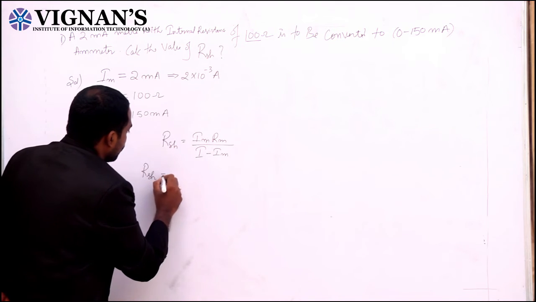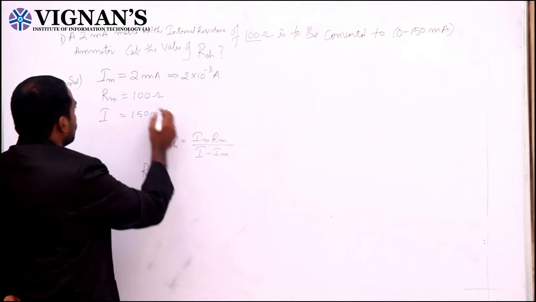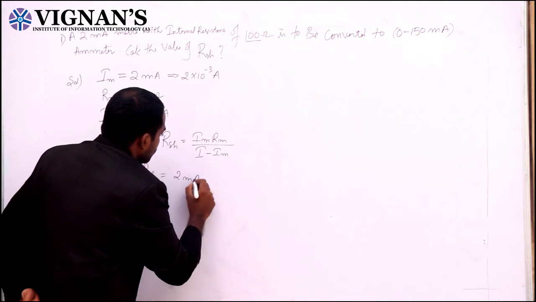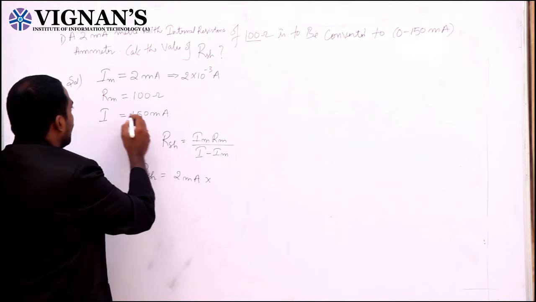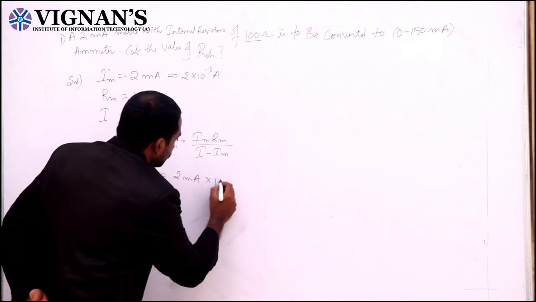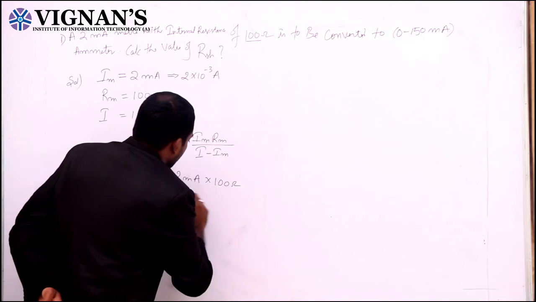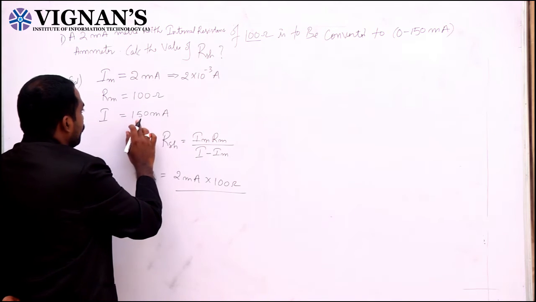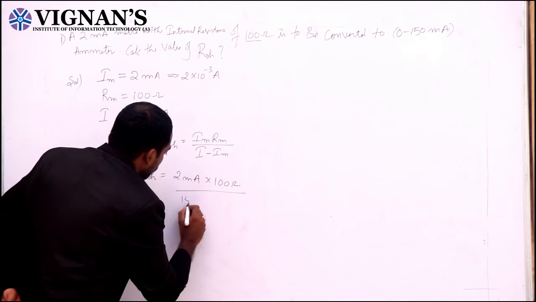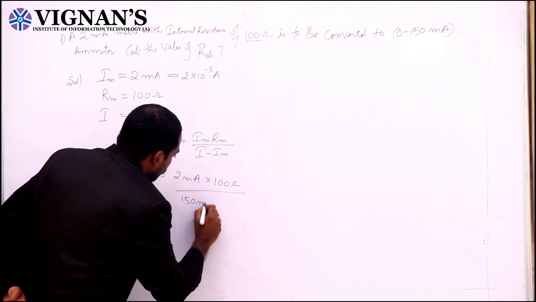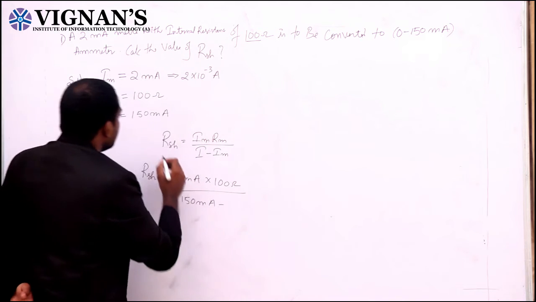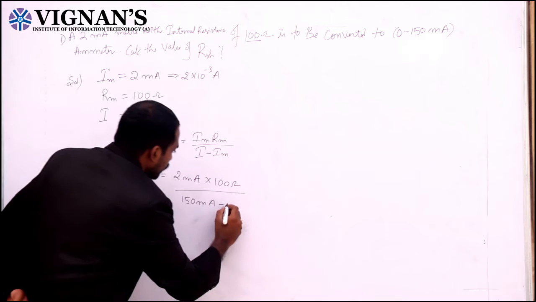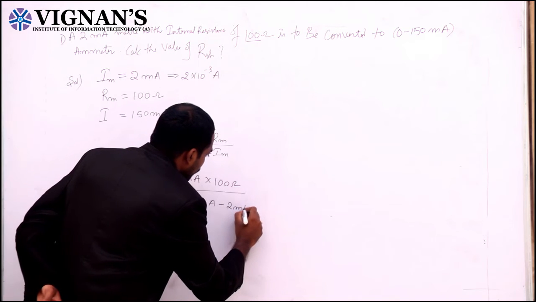So RSH is equal to Im into Rm. So what's the value of Im? Im is nothing but 2 milliamps into, what's the value of Rm? Rm is nothing but 100 ohms divided by I minus Im. So what's the value of I? I is nothing but 150 milliamps minus Im value, that is nothing but the meter current, which is 2 milliamps.